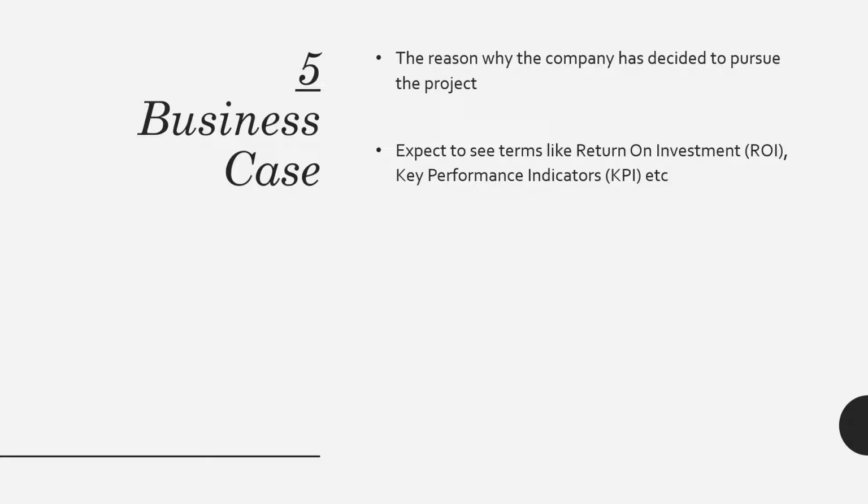So if they are going to spend, let's say, 1 million US dollars, they expect to earn 1.25 million dollars from this project. So that is the ROI. So those are the kind of details, again, a high level detail that you can see in the project charter, and that is going to help the sponsor, the stakeholders, or anyone who is reading the project charter understand why exactly the company has decided to pursue this project.